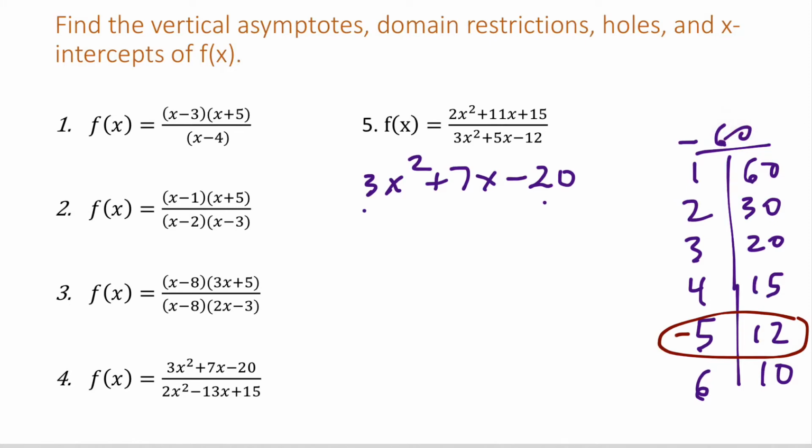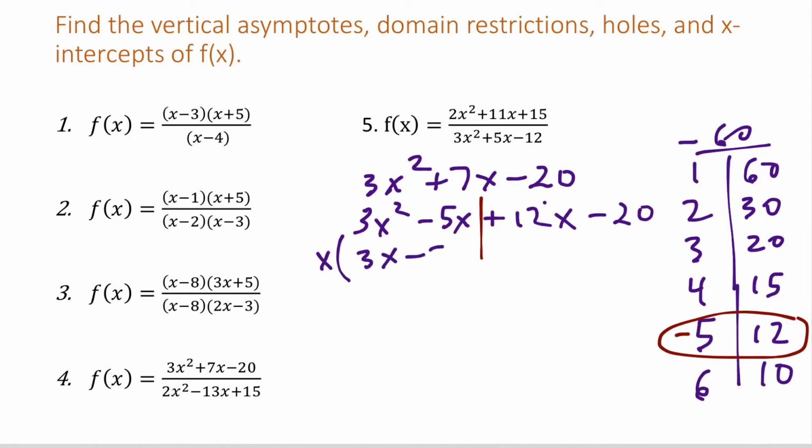So I'm going to use those two numbers in the middle. Instead of plus 7x, I'm going to have minus 5x plus 12x minus 20. Then I'm going to factor it by parts. I find a GCF of the first two terms, that would be x, and then I'll be left with 3x minus 5.